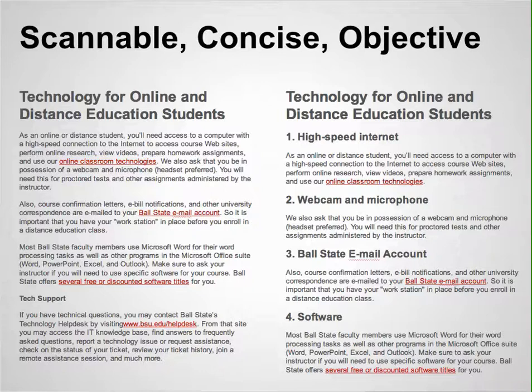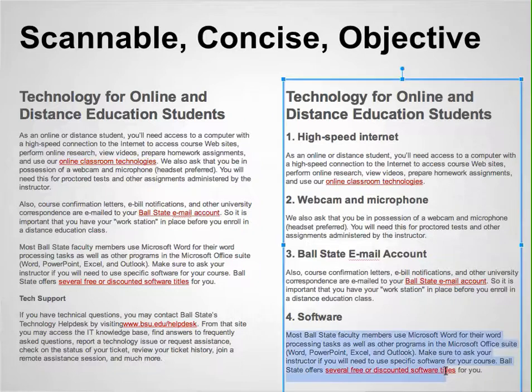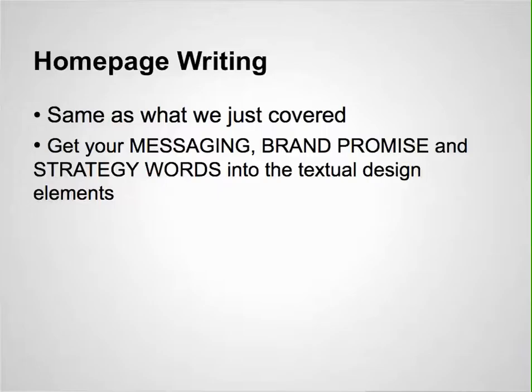And if I don't, now I can pick and choose paragraphs. So maybe I understand high-speed internet, I understand webcam and microphone, I understand the email account, but I'm not sure about the software. I can choose to only read this paragraph, and that makes me happy because remember, I'm a busy person. So you're only making me read one paragraph. That's excellent. That makes me feel good about this page and about the information you gave me.